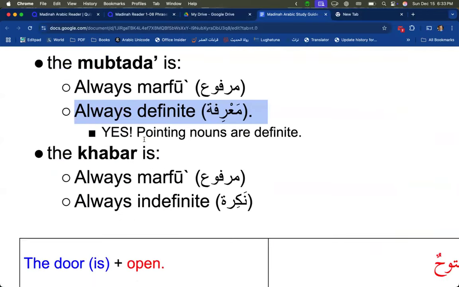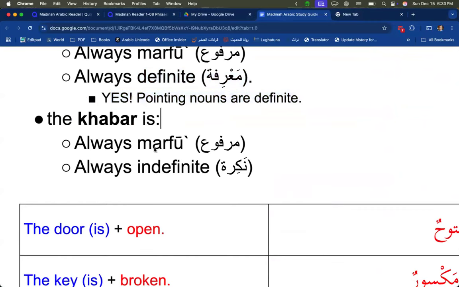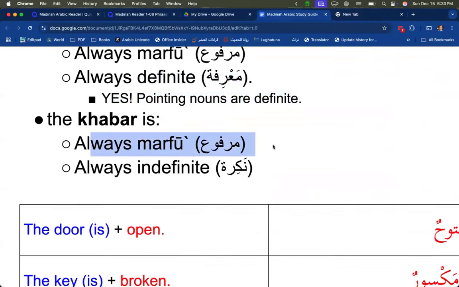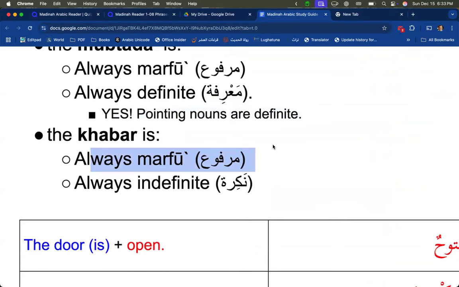So this is where I'm saying pointing nouns are definite. Hada, hadihi, dhalika, tilka. They're all definite. Khabar is always marfu as well. Muhammadun talibun. Okay, you will never say Muhammadun taliban because that will be a different construct.